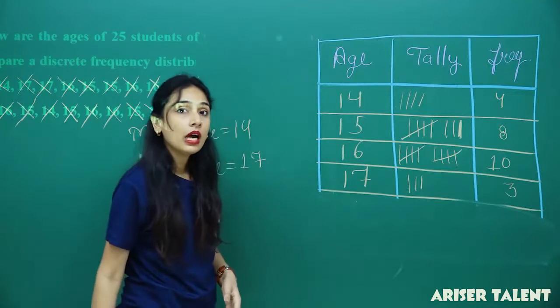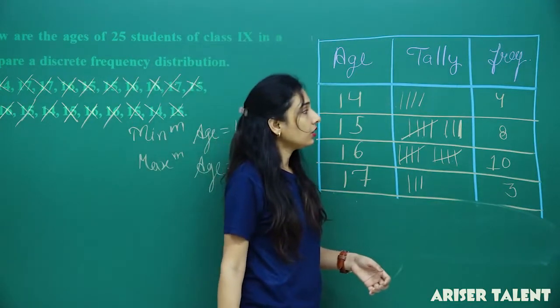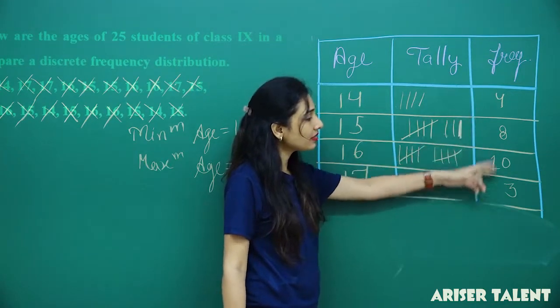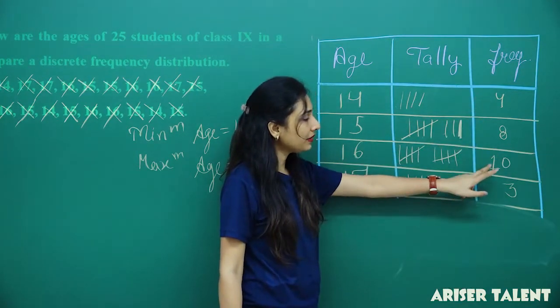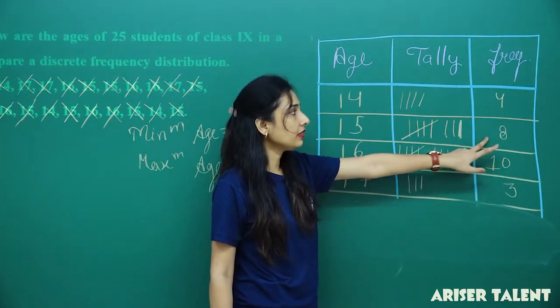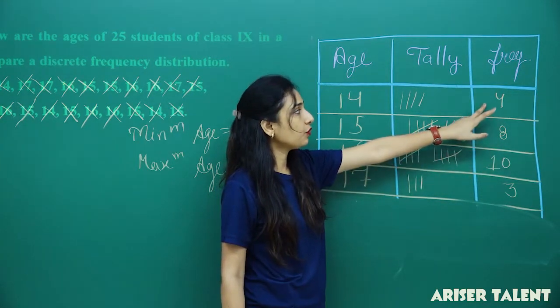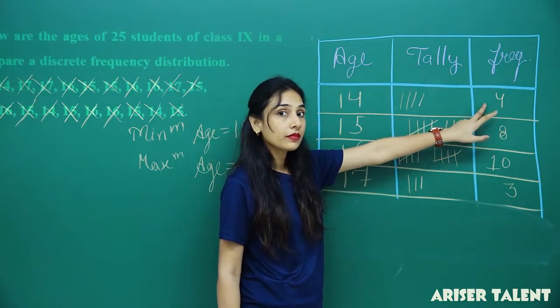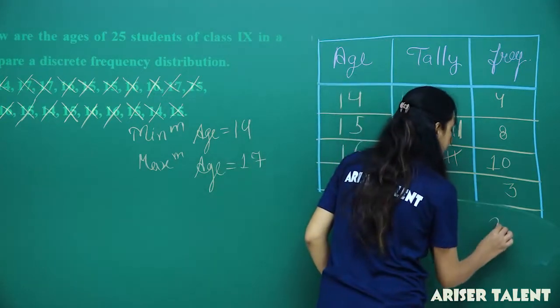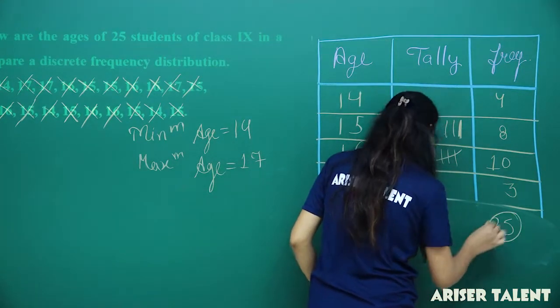Now students, I can know if I have made any mistake or not by just simply adding them. If I am adding them, they have become 10, then 8, 18, 18 plus 4, that is 22, 22 plus 3 is 25. So when I count them, that will be 25.